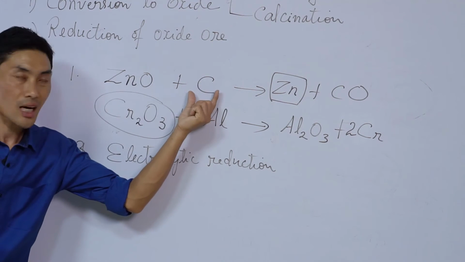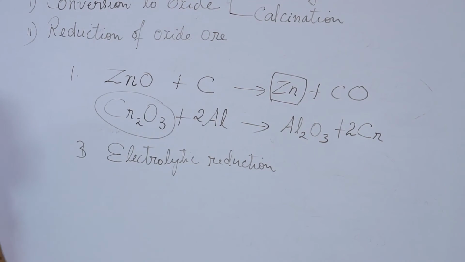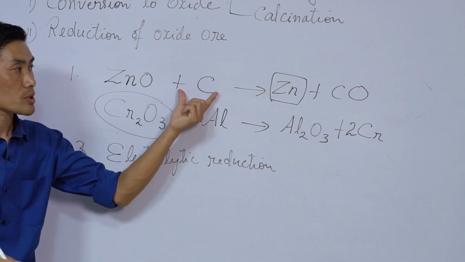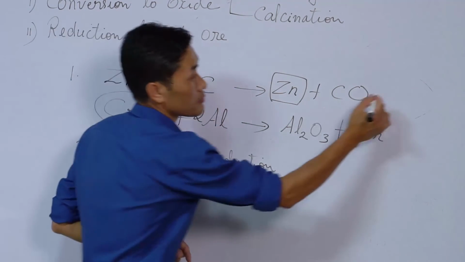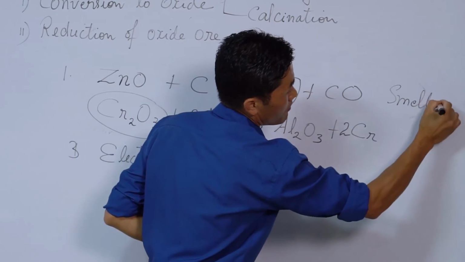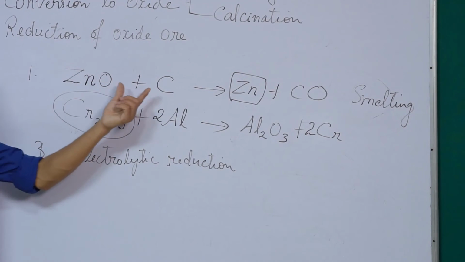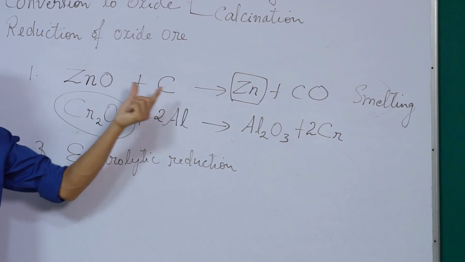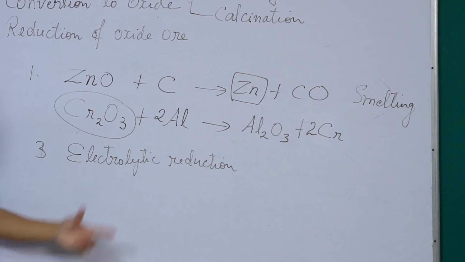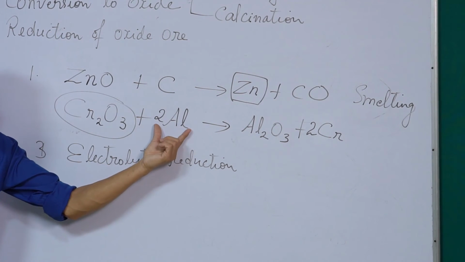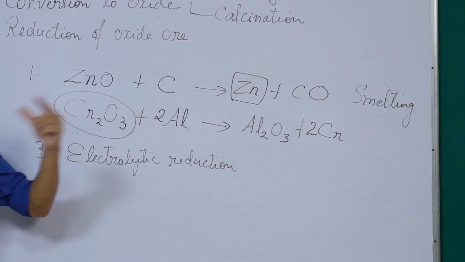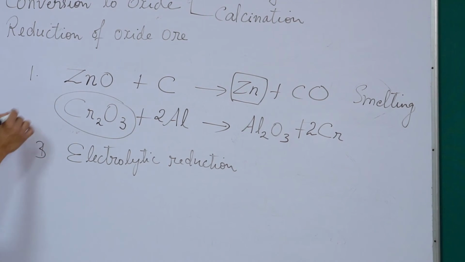If we use carbon as a reducing agent, this process is called smelting. Smelting means reduction of an oxide ore by carbon. The process in which aluminum is used as a reducing agent is called the aluminothermite process.